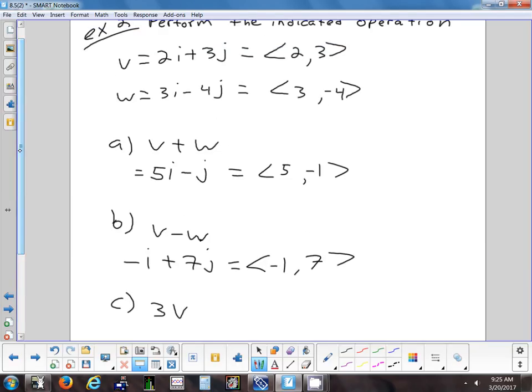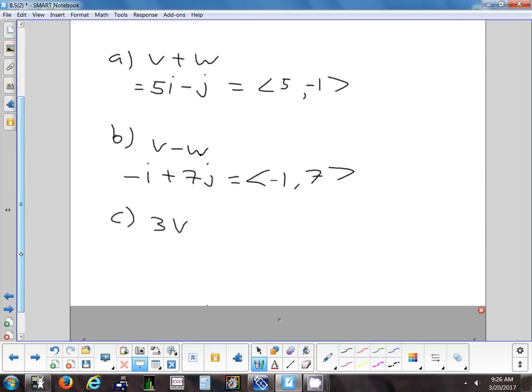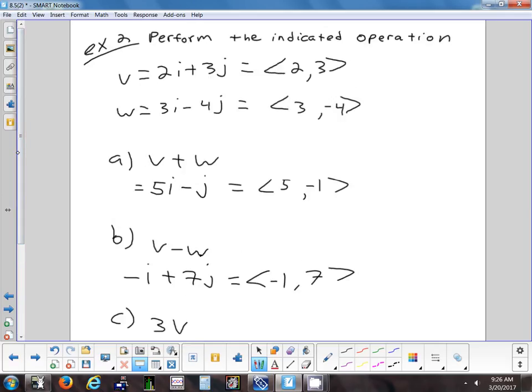Okay, so we've got v, and we're going to triple it. Jacob, if I triple my horizontal component of v, what would I get? 6. Yep, 6i. So I'm going to start with that. And if I triple the vertical component of v, I get 9.